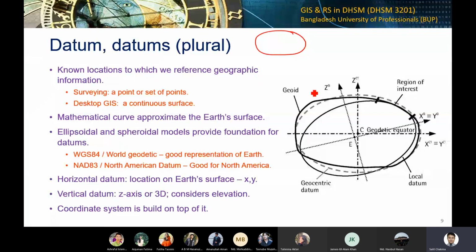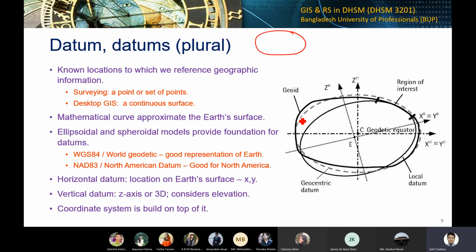So how is it? Let's look here. So this is the geocentric datum. I mean, this is the geoid. The dark black line is the geoid, the thick one.